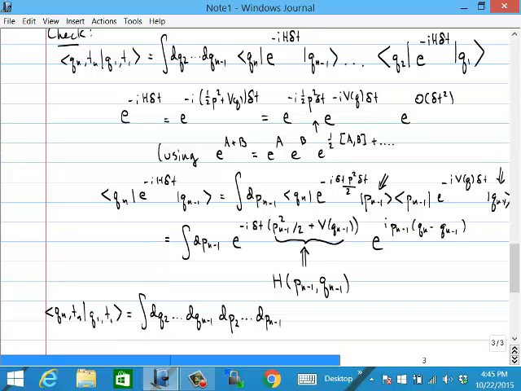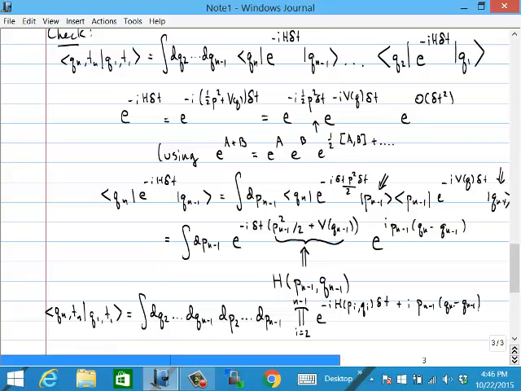And then you get, for each time, a product from i goes from 2 up to n minus 1 of e to the minus i H of pi, qi times delta t plus i times pn minus 1 (qn minus qn minus 1).